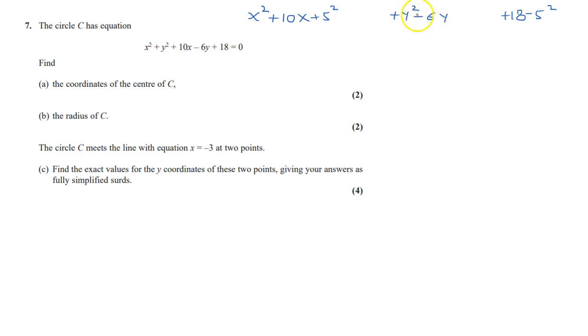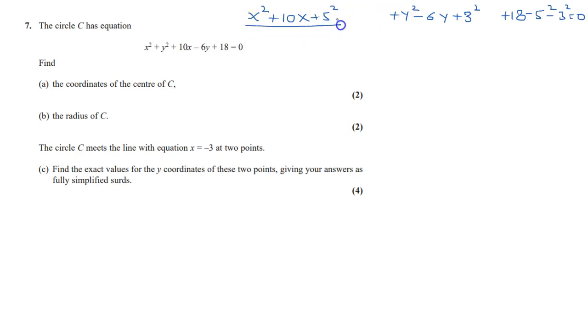This is 6. Half of 6 is 3. So I add 3 square here and I subtract 3 square here. Now I'll say 0. This is plus.